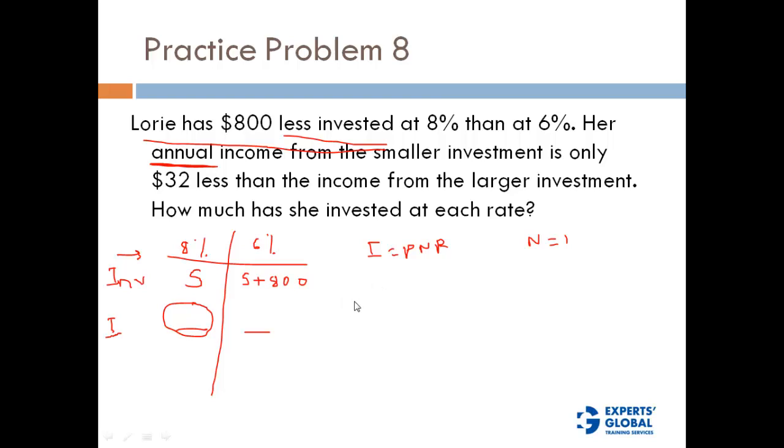So let's look at this. The smaller investment is going to yield a return of S into 1 year into 8%.